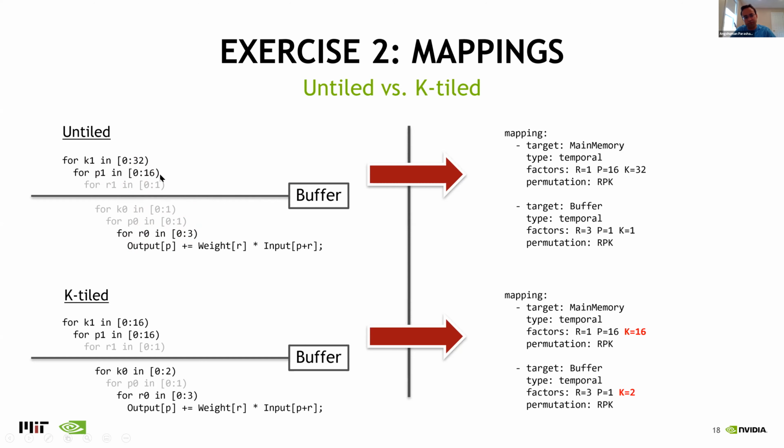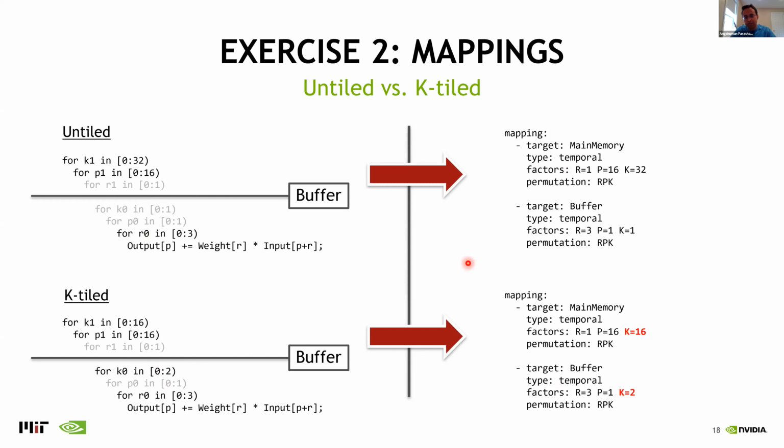It's just an example. But in the K-tiled version, what we've done is we've fragmented K, and K was 32 in this example. And so we go from K equals 0 to 16 over here and 0 to 2 over here. And again, no specific reason. We just chose 2 times 16. Okay. And to represent that in Timeloop, again, it's the same old story.